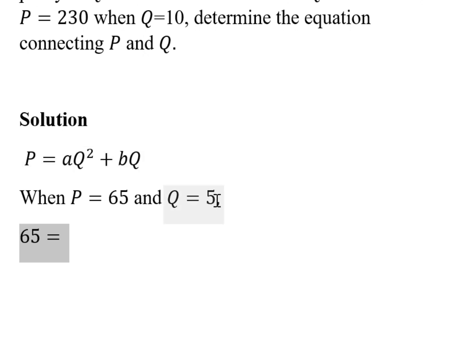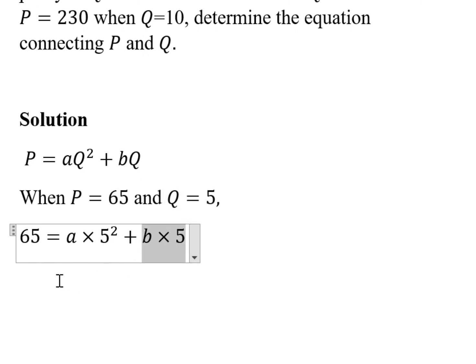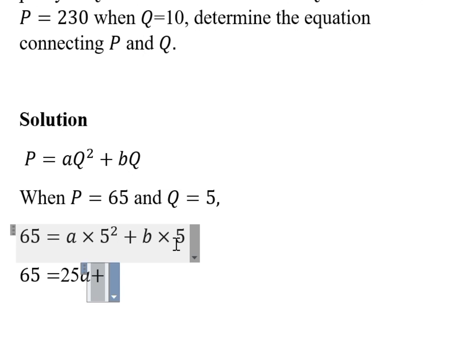Our q is 5, so we shall have a times 5 squared plus b times q, which is 5, so b times 5. Simplify that, you will get 65 being equal to 5 squared is 25 times a gives us 25a plus b times 5 gives us 5b. That gives us a simultaneous equation.